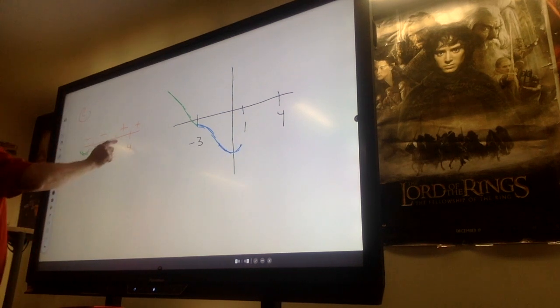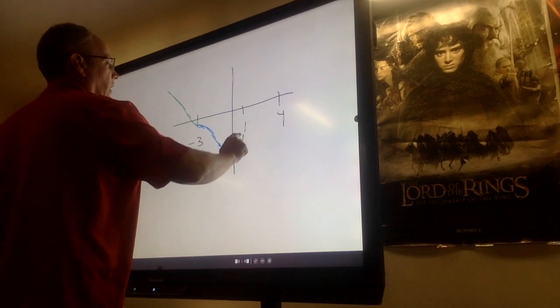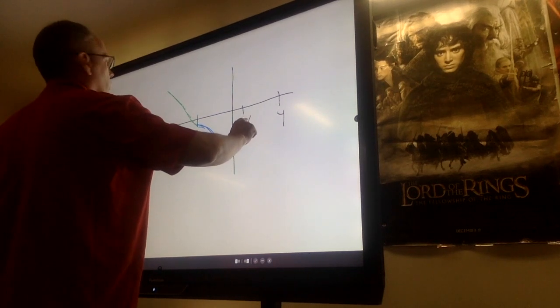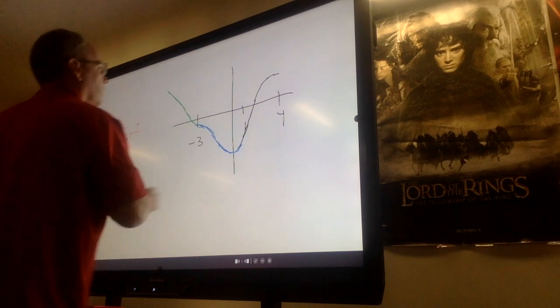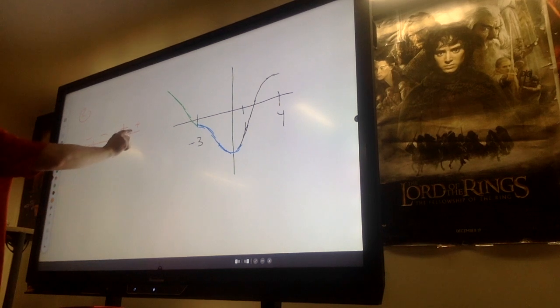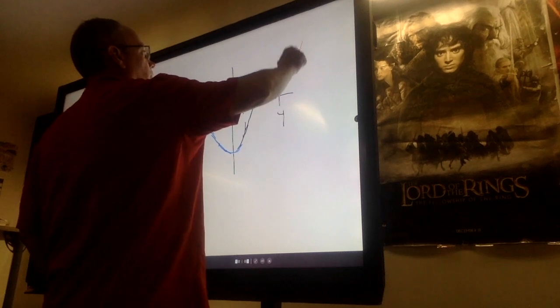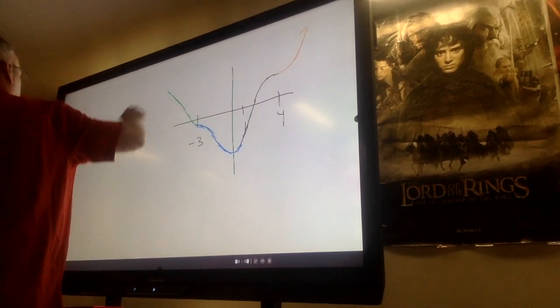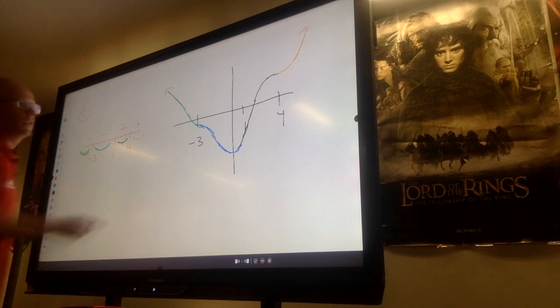And then if I wanted to draw this portion of the graph, this is kind of coming up. And it's going to flatten out here. And then if I wanted to draw this portion of the graph, it kind of does this again. Okay, so this is approximately what the line is going to look like.